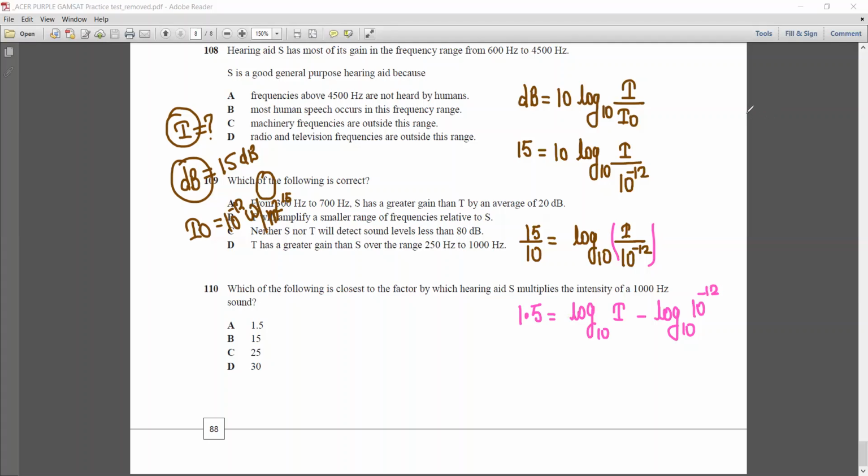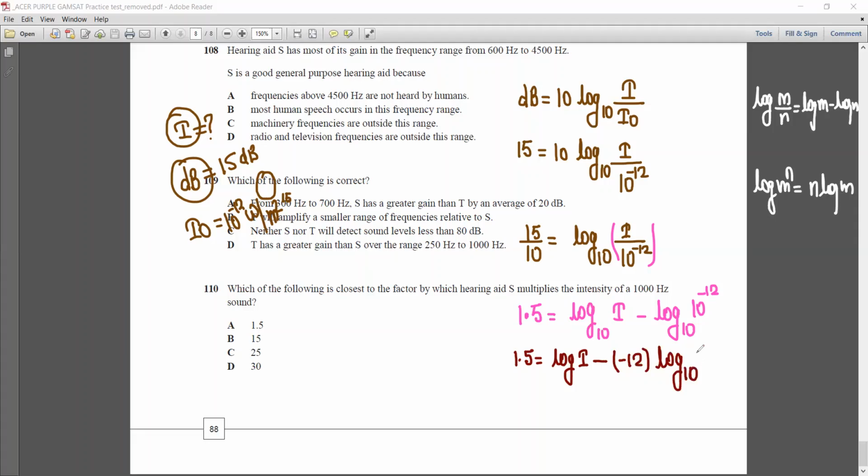The first approximation I used here is log m over n as log m minus log n. Now I'm going to use log m to the power n as n log m. If I apply this, I get 1.5 equals log I minus, with minus 12 as the power of 10, minus 12 times log 10 base 10.